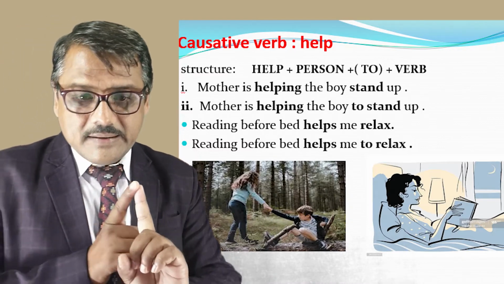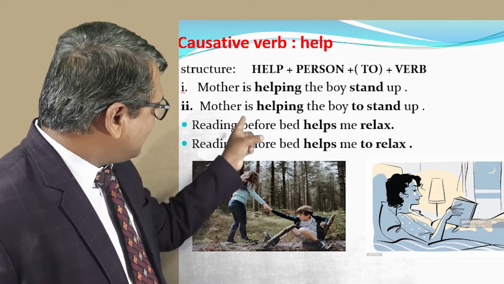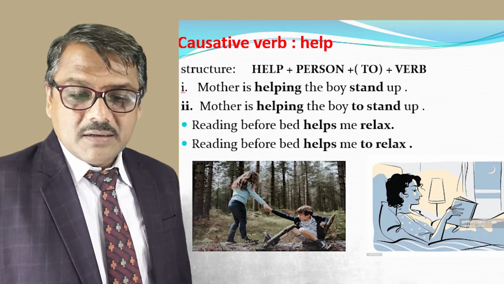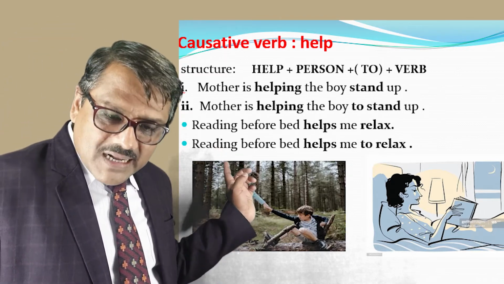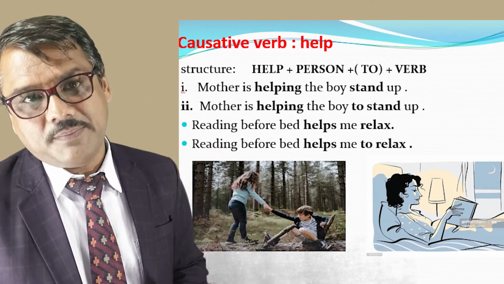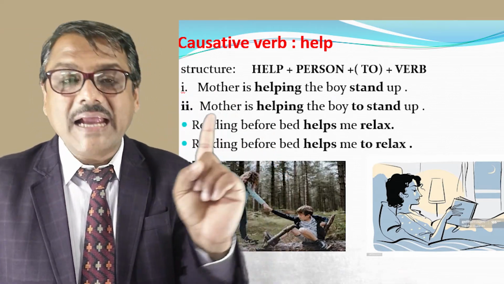And there, if you notice the structure, both first and second, look at these. The mother is helping the boy stand up. The mother is helping the boy to stand up. Here, helping and to stand.